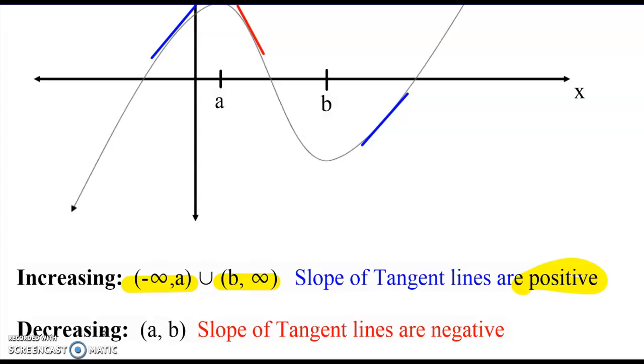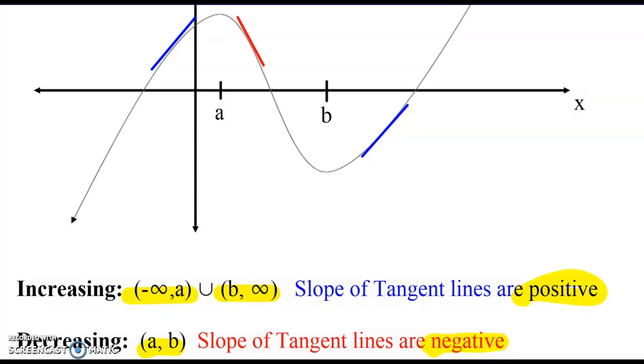Similarly, it's decreasing between a and b, not including a or b, because remember, at a and at b the derivative will be 0. The tangent line will be horizontal, so we don't include it. It's open intervals. Between a and b it's decreasing, and that's where the tangent lines will be negative. So you can see the blue and red here. That wouldn't have shown on your note package, but you can see where the tangent lines are positive and negative.